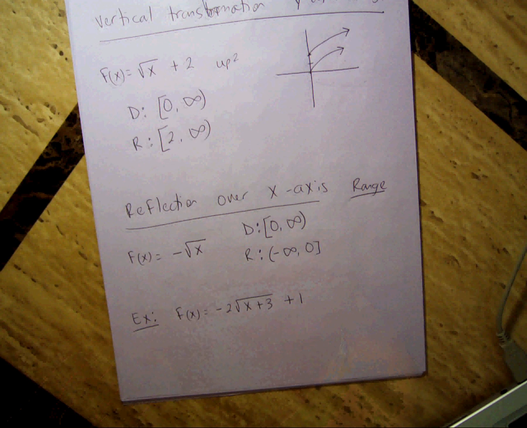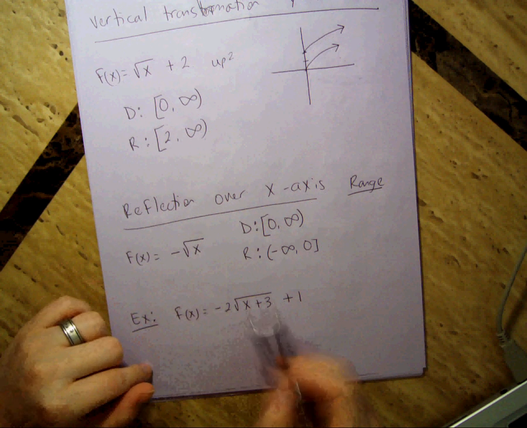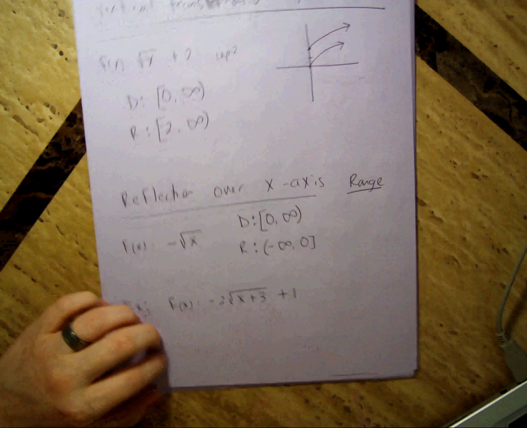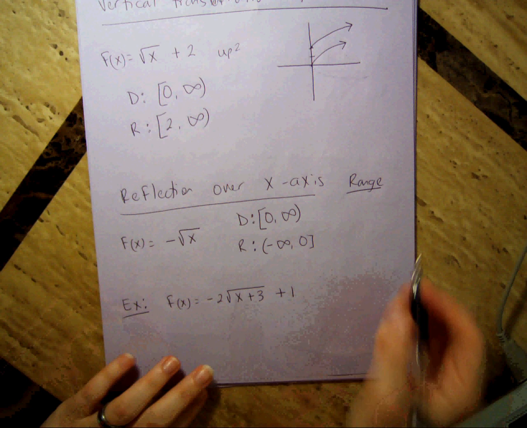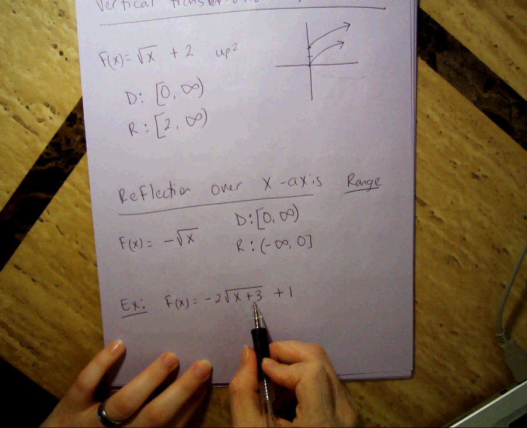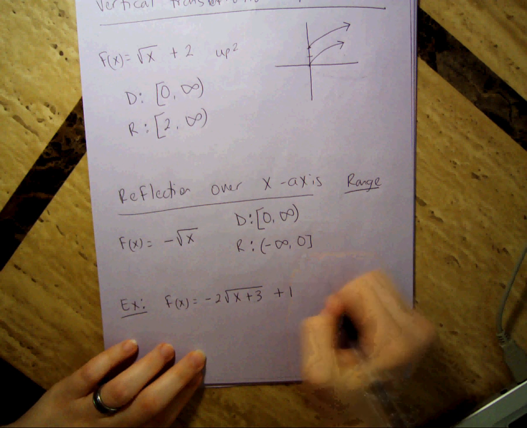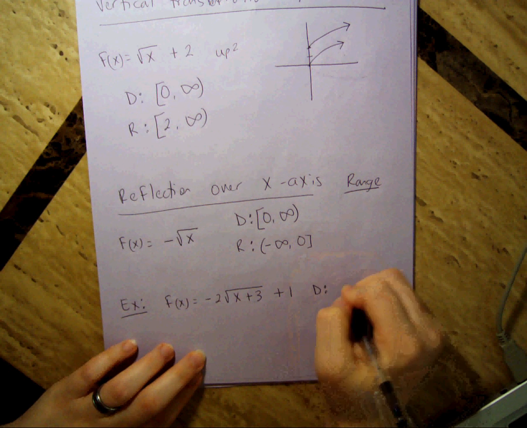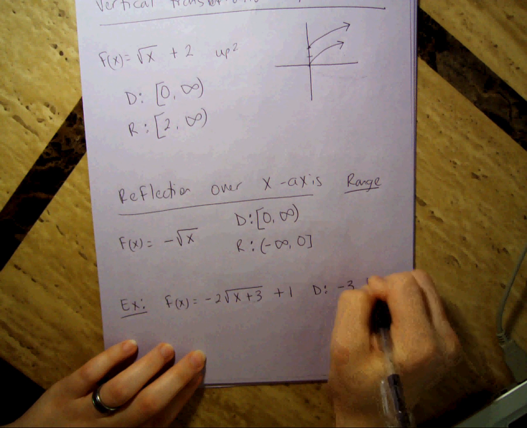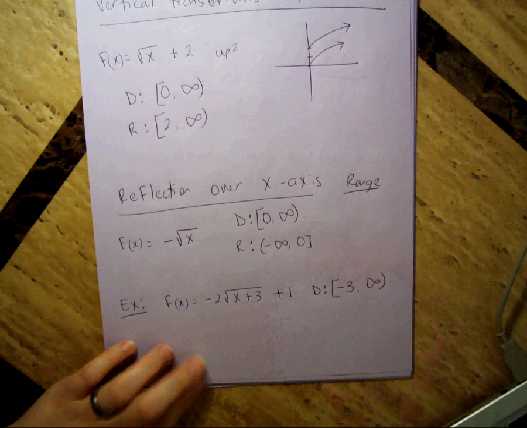And so, very first one, I'm going to fix the domain real quick because that'll be easy. This one changes my domain. What is this transformation? It's to the left 3, so my domain is going to be negative 3 to infinity. And again, I get a little bracket.